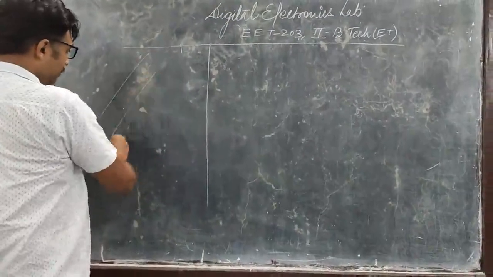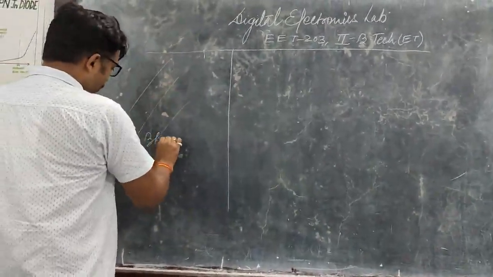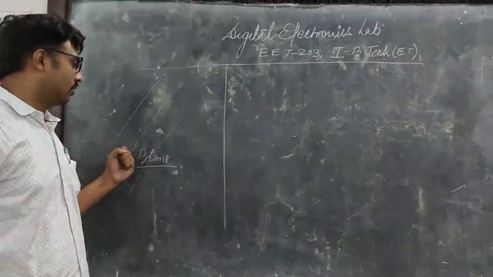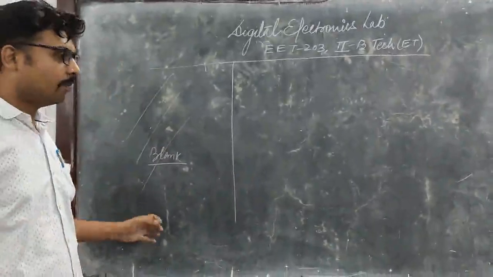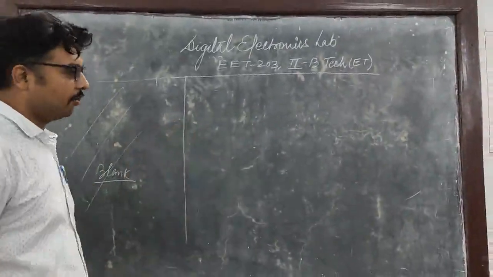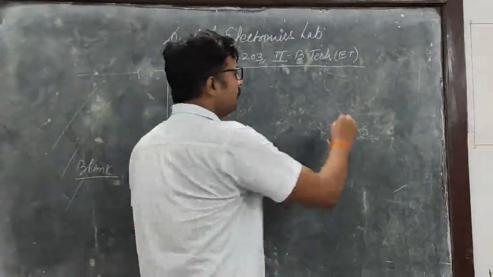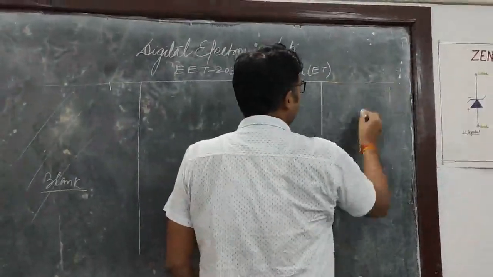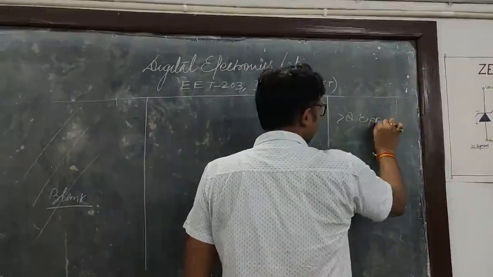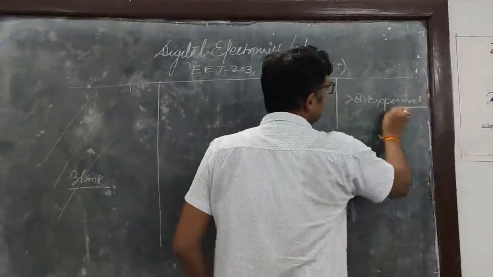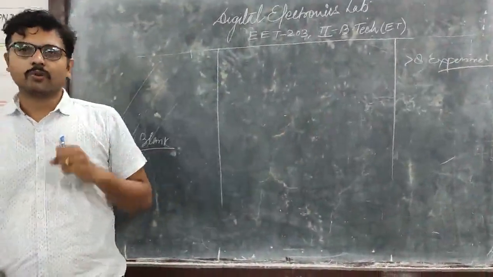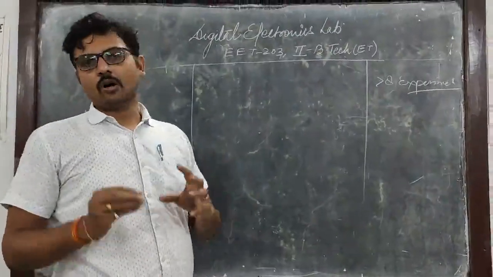The page on the left side of the copy is blank, and the right is a lined page. As I have told you, in this whole semester you have to perform more than 8 experiments related to your course, and whatever experiment you perform here will be your objective.